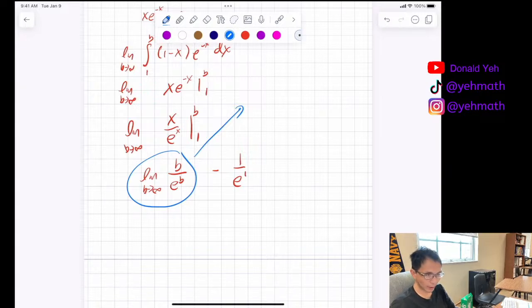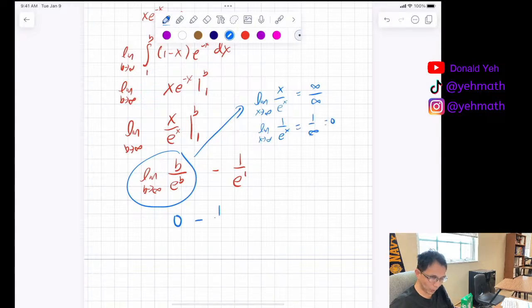See that there's an L'Hopital's rule here. Imagine we just convert b to x. That way you get to see it. The limit as x approaches infinity of x over e to the x is infinity over infinity, which is L'Hopital's rule. So the limit as x approaches infinity of 1 over e to the x is 1 over infinity, that's 0. So 0 minus 1 over e, the answer is negative 1 over e.